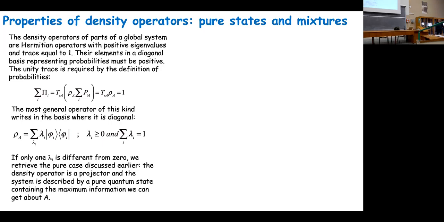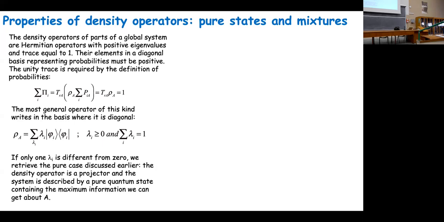So in a diagonal basis, you will have this formula. Rho is the sum of projectors on functions which I've called phi I with a constant lambda I. The lambda I are real positive numbers. So the density operator has a form on a diagonal basis of positive numbers.